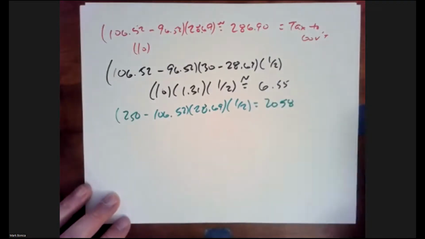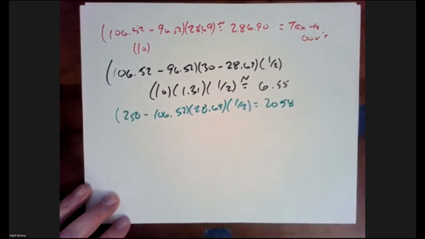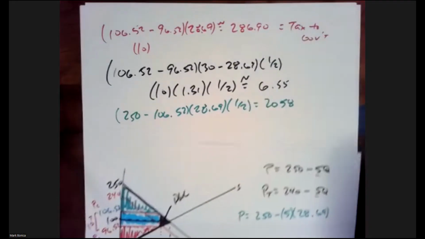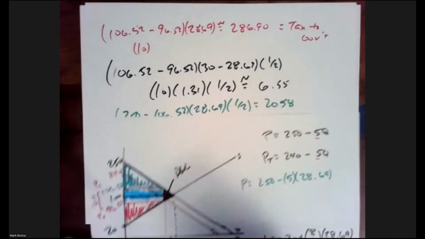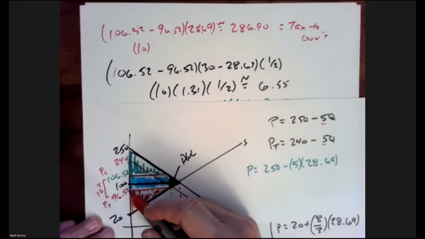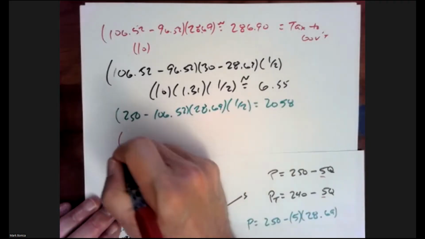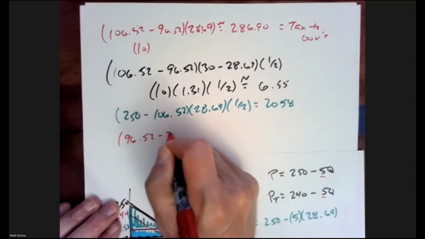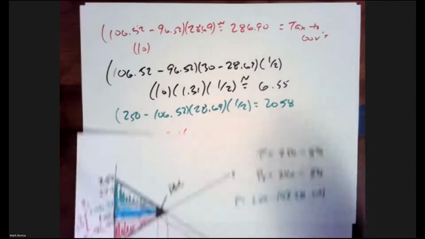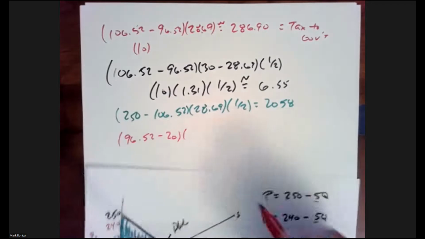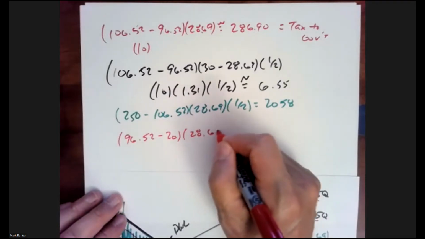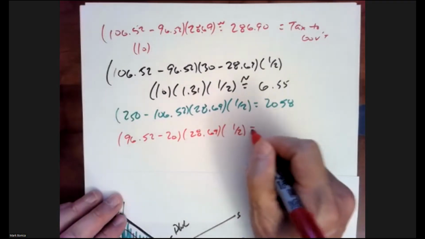2058. And then the producer surplus is going to be this red triangle. It's 96.52 minus 20. So 76.52 times the width of 28.69 times 1/2.